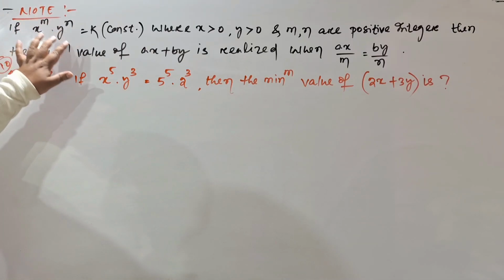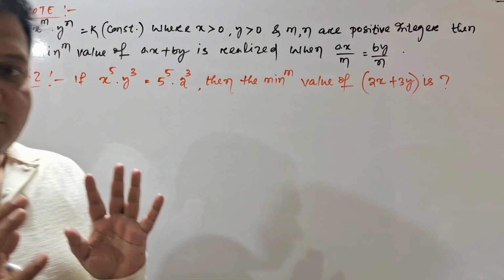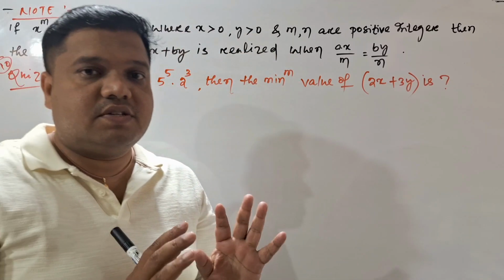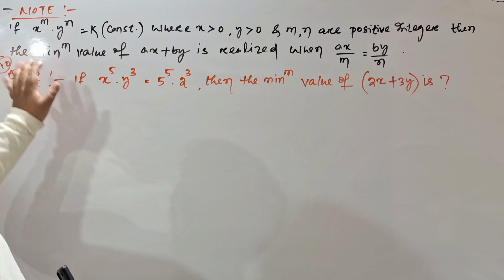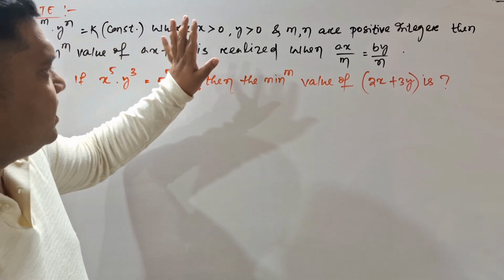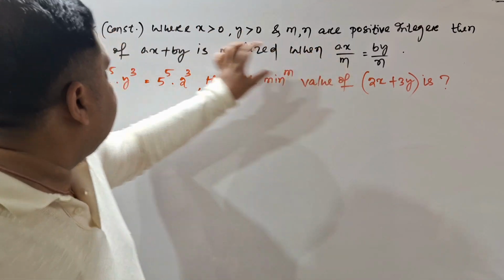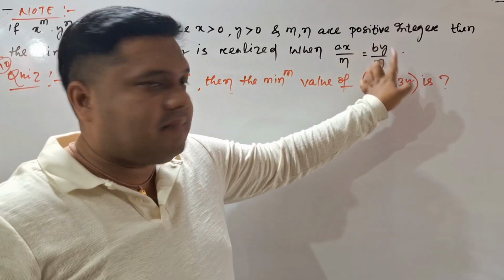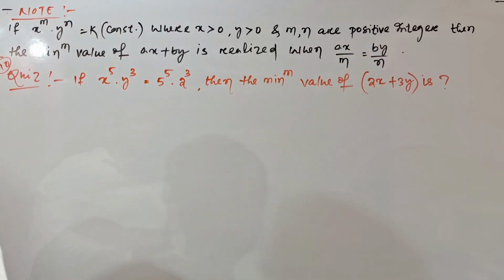Look at this point. If x to the power m into y to the power n is equal to a constant, where x, y, m, n are all natural numbers, positive values, then the minimum value of ax plus by is realized when ax divided by m is equal to by by n. This condition you have to remember. So how to handle this question?